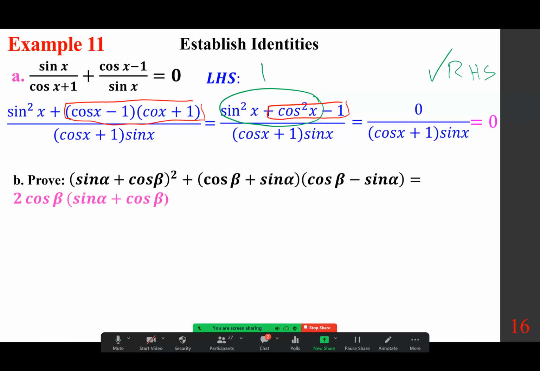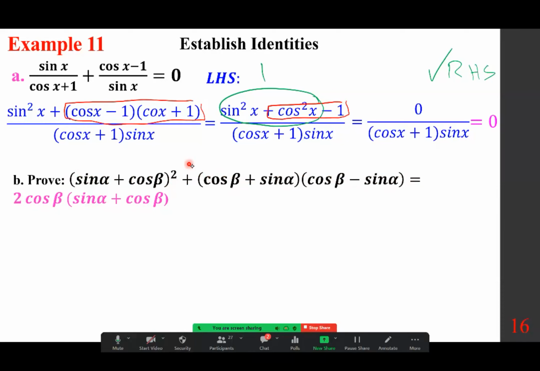We want to prove that sine alpha plus cosine beta squared plus cosine beta plus sine alpha times cosine beta minus sine alpha is equal to 2 cosine beta times sine alpha plus cosine beta. And clearly, the left-hand side is longer.